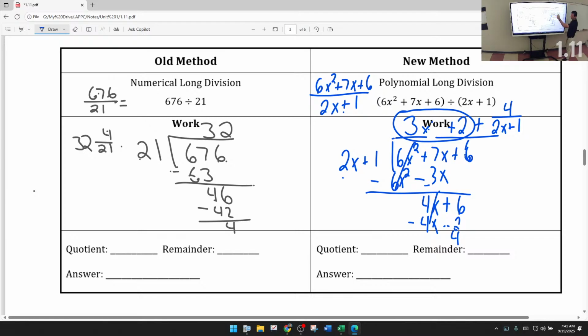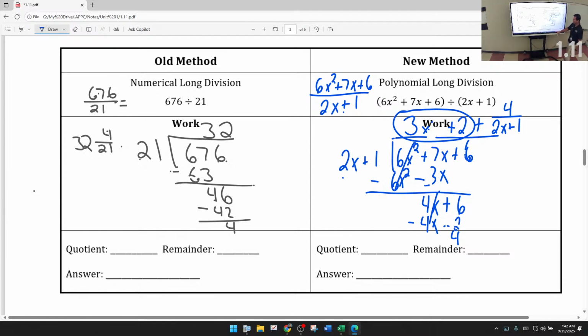You'll have the 3 and the 2 and then the 4 left over. It's your job to know that it's 3x and a constant, and the 4 is the remainder, which goes over the 2x plus 1. This one's harder to do synthetically because you have to use -1/2. It's easier to use long division.